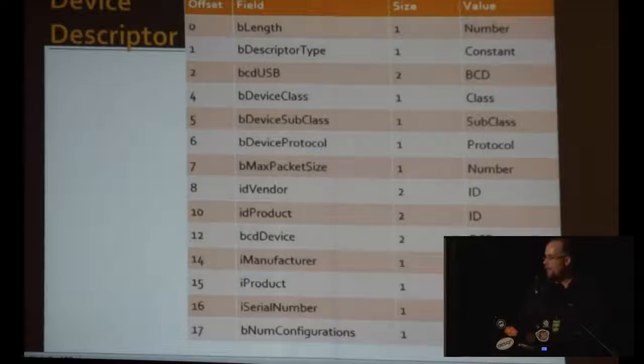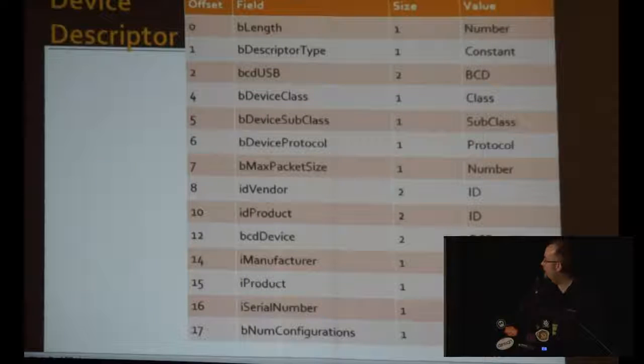So here's what comprises the device descriptor. Now, for the most part, this really doesn't mean all that much, except that this is probably one of the more important descriptors that exist. Because if you've ever looked at the device manager in Windows, most of the information you see comes from this.